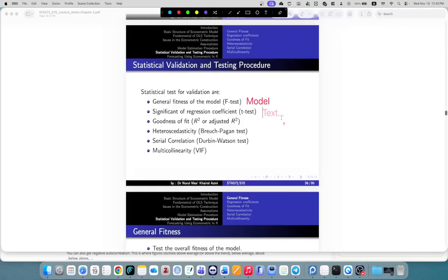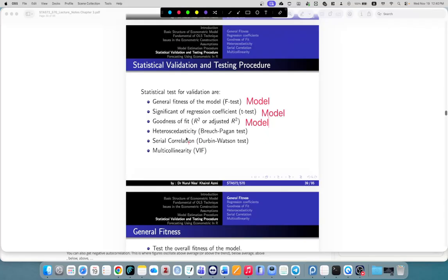Goodness of fit is also for the model, because we want to know how much our independent variables can explain the changes in our y, or our dependent variable.